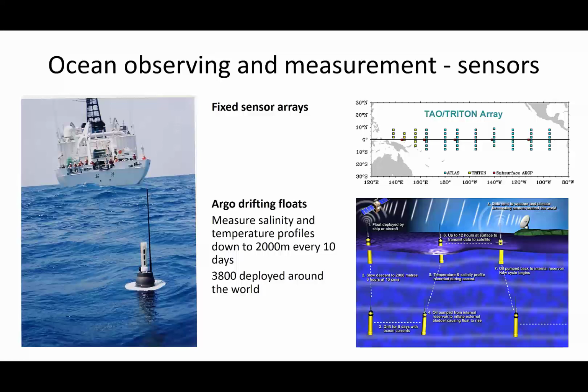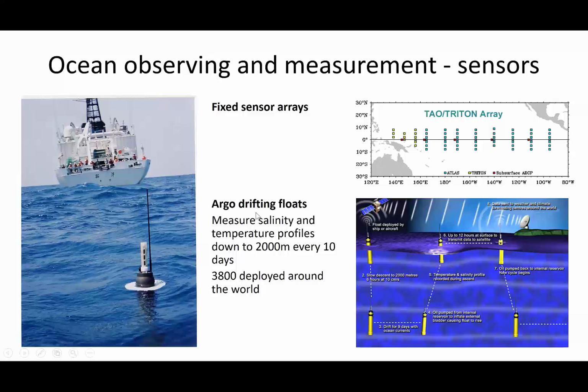So they continuously measure things like the temperature and salinity of the water across this part of the ocean. And the reason why this array is here is because they're trying to measure the El Niño Southern Oscillation process as it evolves and decays continuously.